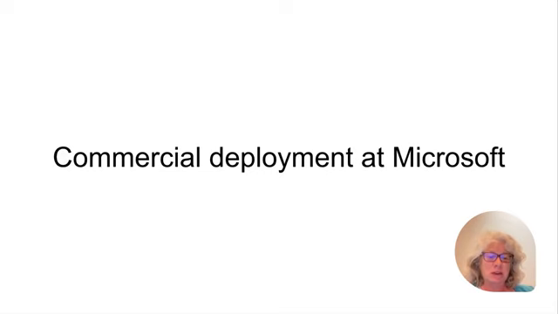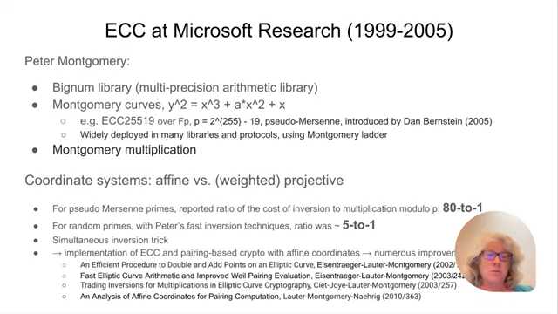So Peter Montgomery is very well known for a number of things, including that he wrote the BigNum library, which was a multi-precision arithmetic library for Microsoft, which was used in our cryptography implementations. And he's well known also for Montgomery curves, y squared equals x cubed plus a x squared plus x.